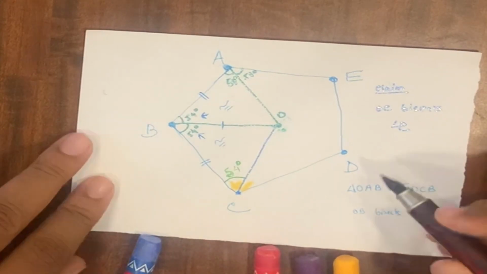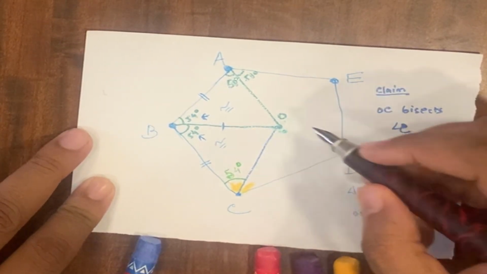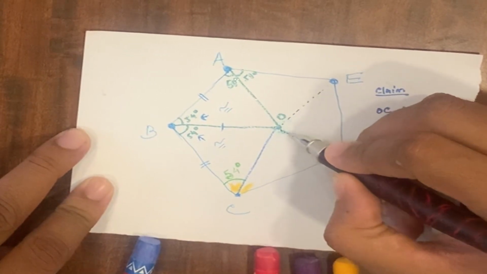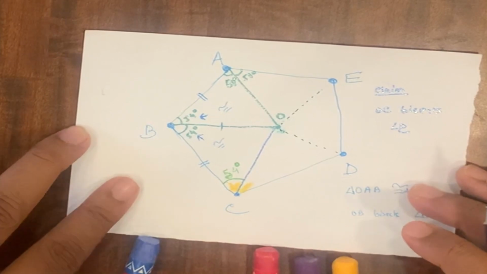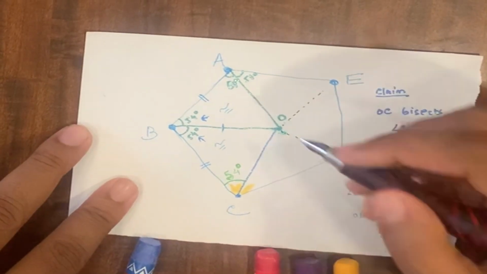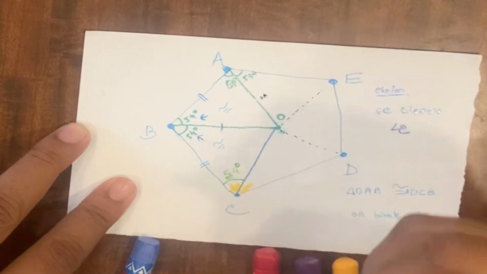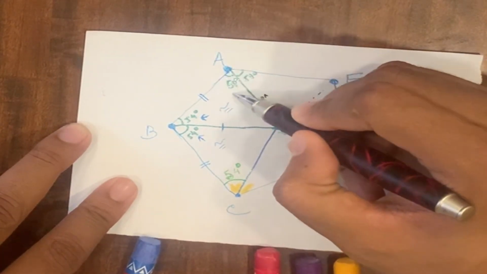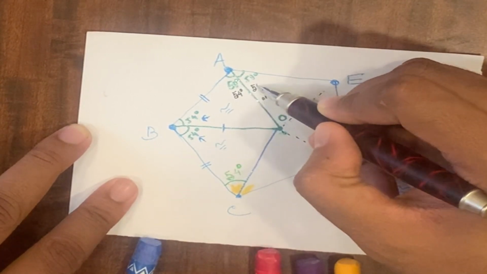Okay, now we are back in the main problem. So you want to show that all of the angle bisectors will pass through the same point. Indeed, it is true. So to do that, we will start with two angle bisectors. This is OA bisecting angle A. So this angle is 54 degrees and this angle is 54 degrees.